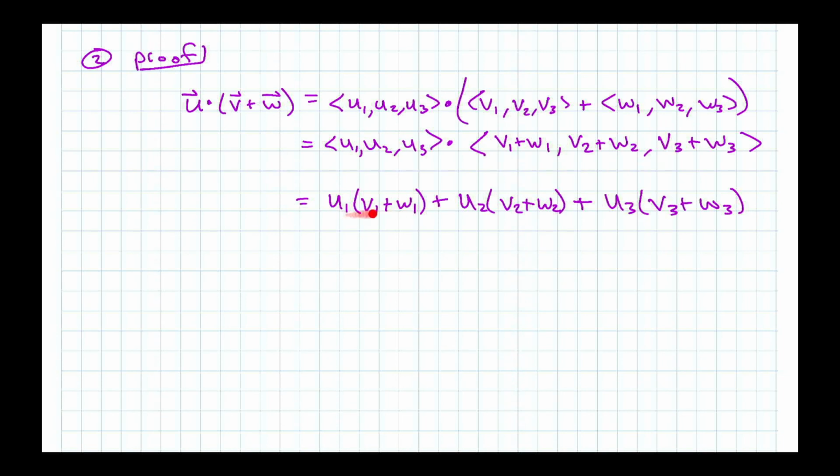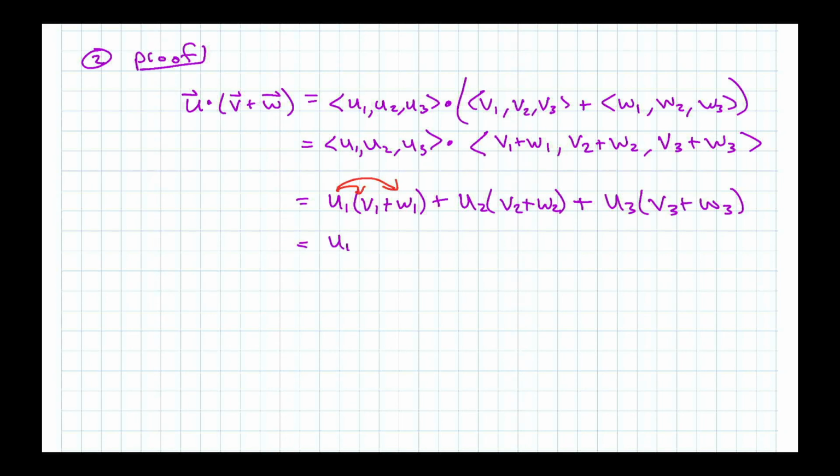Now that I have this, I can just multiply this out. So we can use the distributive property for regular numbers now, right? Distribute the u on the v and the w. So we were trying to basically prove the distributive property for vectors, and it's going to boil down to the fact that real numbers have the distributive property. So we apply our distributive property here.